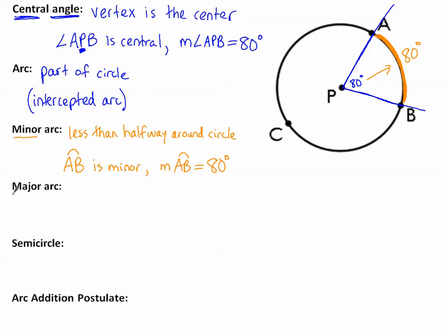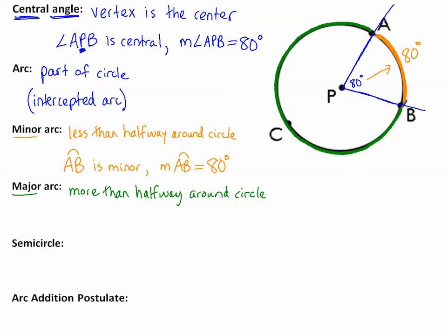Major arc, major, think big. So that's going to be more than halfway around the circle. Now, let's say that we want to go all this way around the circle. We want to go from A to B, but we want to go the long way.